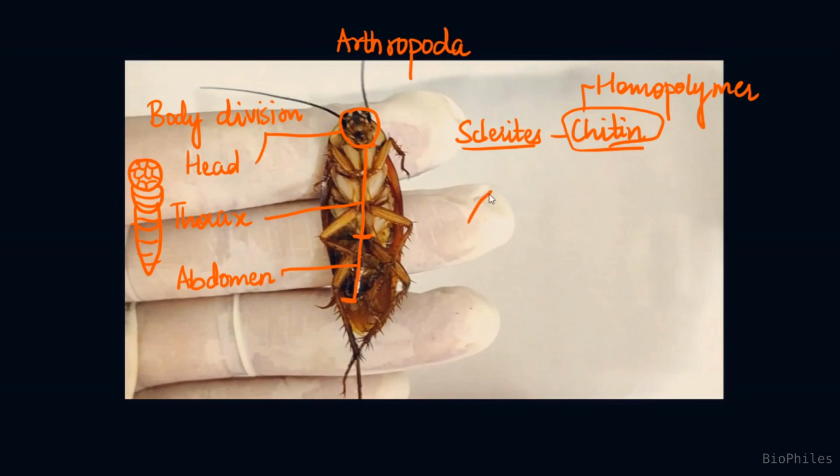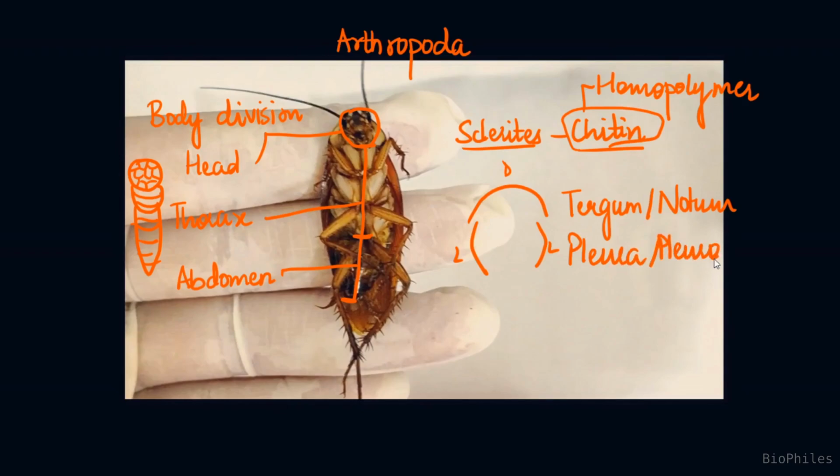Now these sclerites are named according to their positions. The sclerite on the dorsal side is called tergum or notum. The sclerites on the lateral sides are called pleura, or singular pleuron, whereas the sclerite on the ventral side is called sternum.